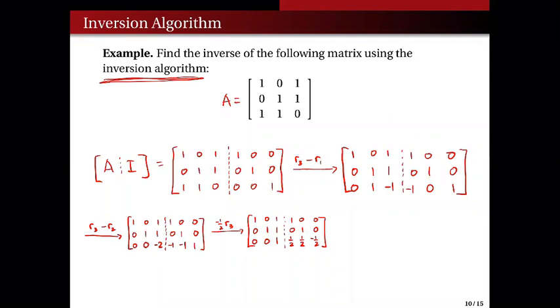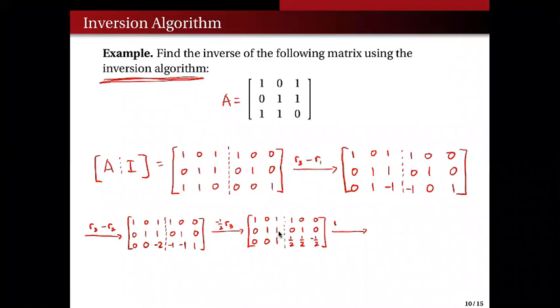And now, we go to step 6. We now are on the backward phase. So this is a leading one here on the third row. We want all the entries above this third row to become 0. So in here, we want to make this 0.